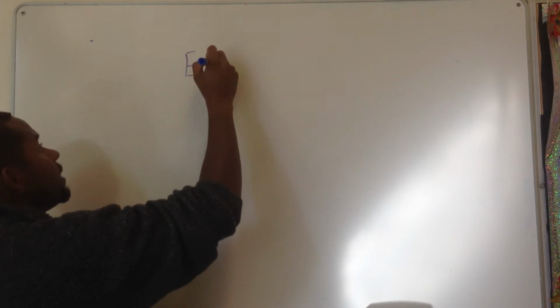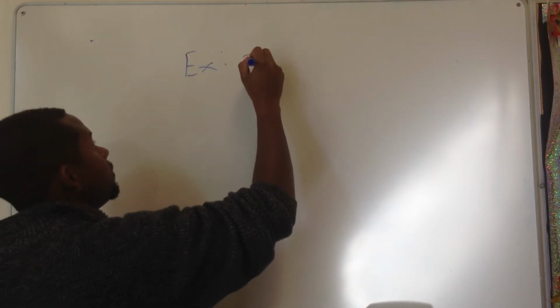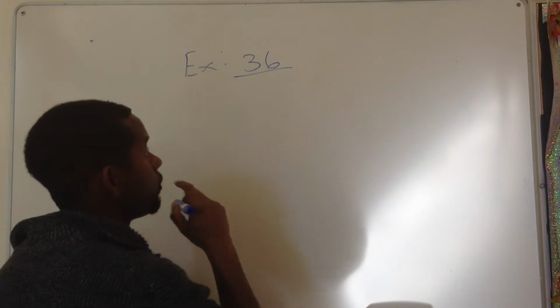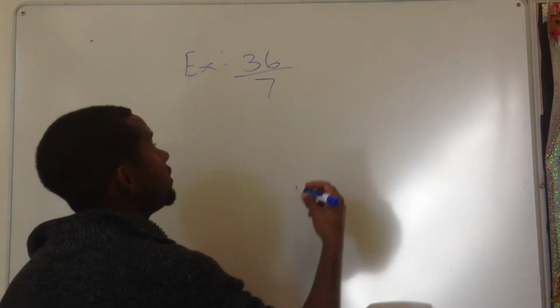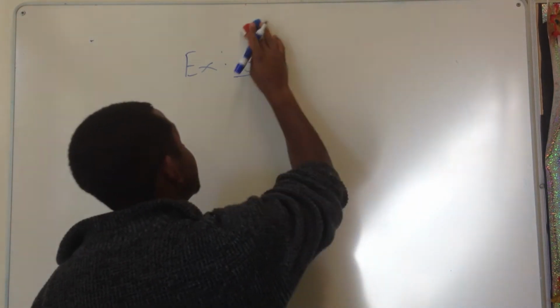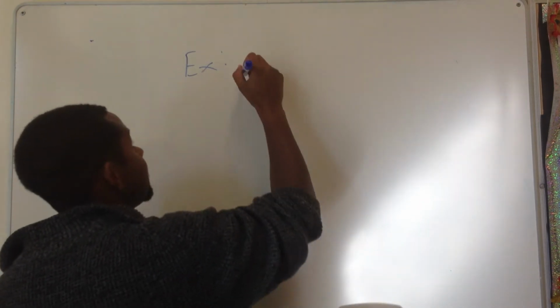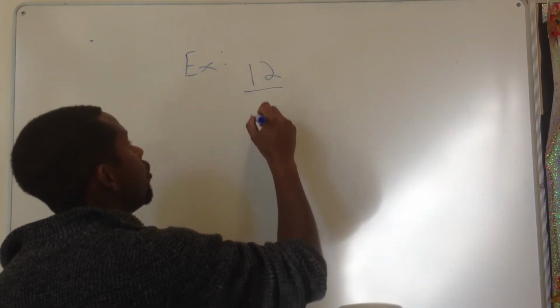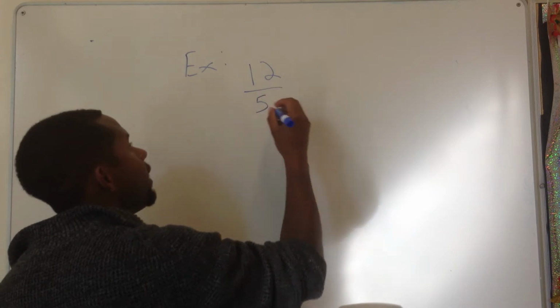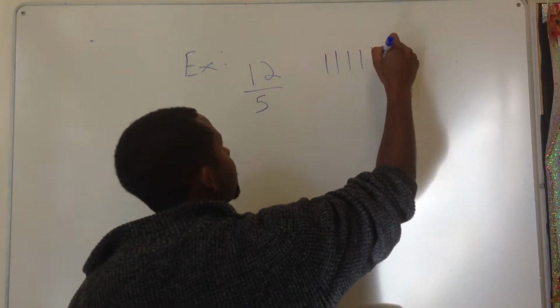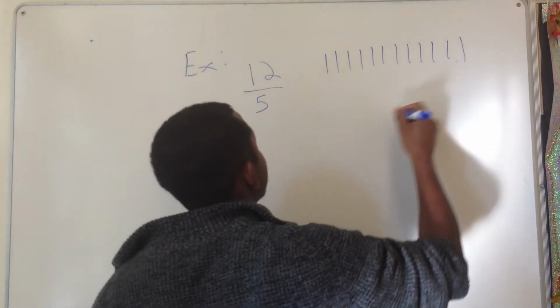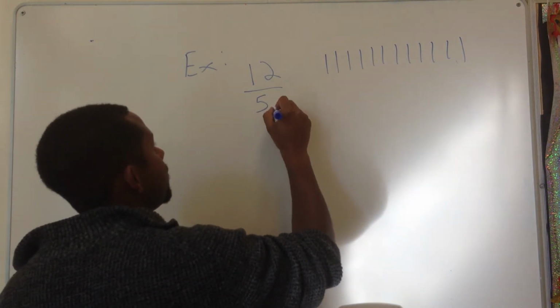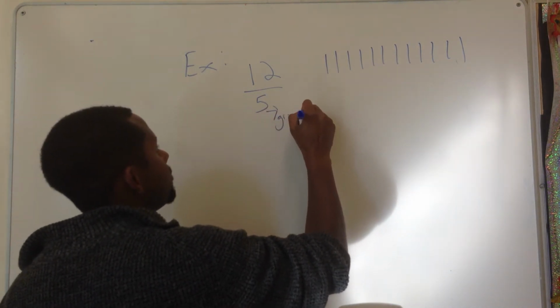So, next example, let's say I have 36 over 7. That's a ridiculous example because I'm not going to draw that. Let's say I have 12 over 5. So I have 1, 2, 3, 4, 5, 6, 7, 8, 9, 10, 11, 12. Right? And I want groups of 5.